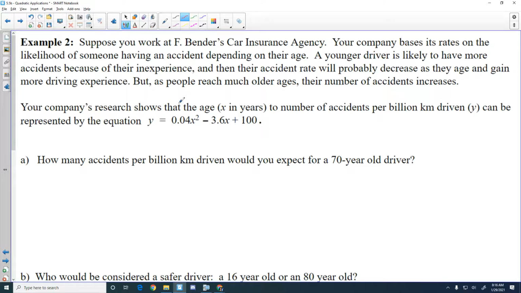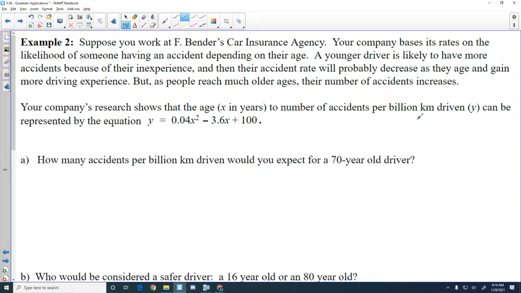So this company's research shows that the age that you are versus the number of accidents can be represented by this equation right here. And we want to know how many accidents per billion. So when you say the number of accidents, it's number of accidents per billion kilometers driven. Because if you've never driven a car anywhere, is there a chance that you could have gotten into an accident while driving if you've never actually driven?